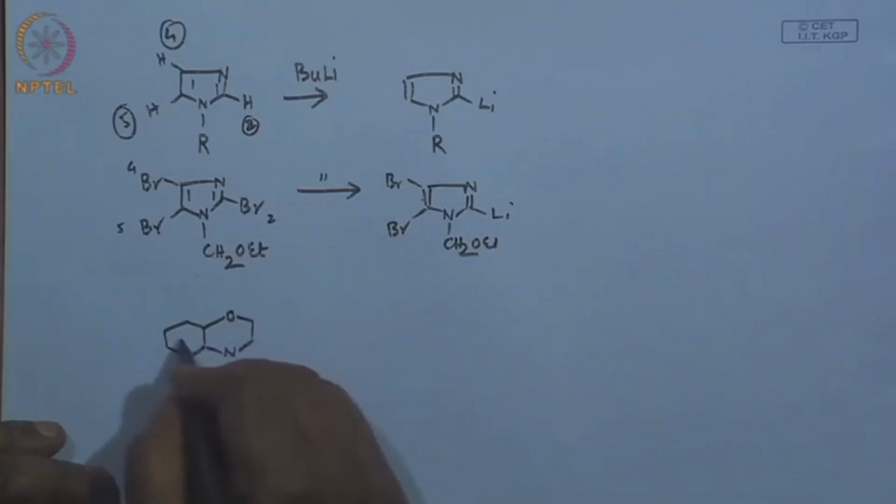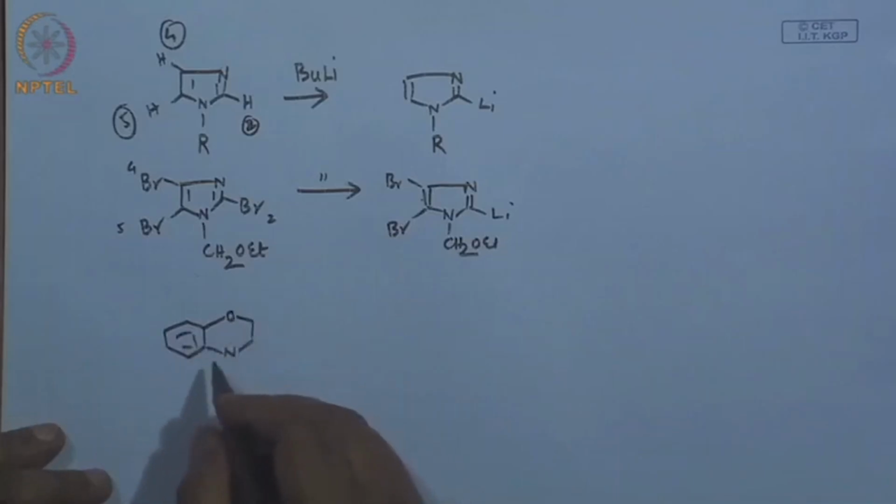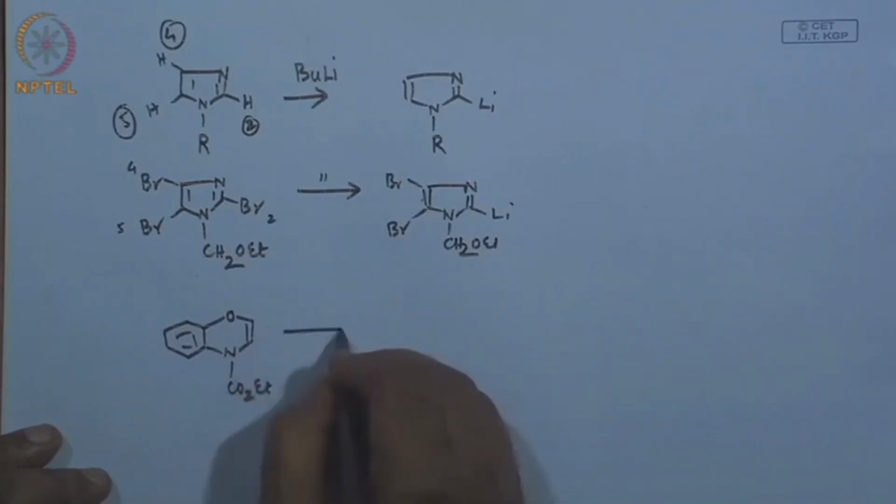You have nitrogen, this is oxygen, okay, a benzoxazine, and an ester group here. In this case, not butyl lithium, it is LDA. You have to know a little bit about the difference between butyl lithium and LDA. What is the difference?